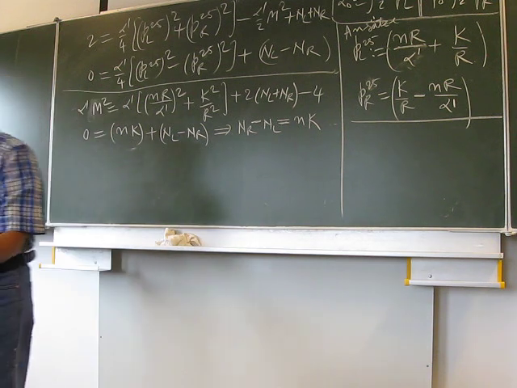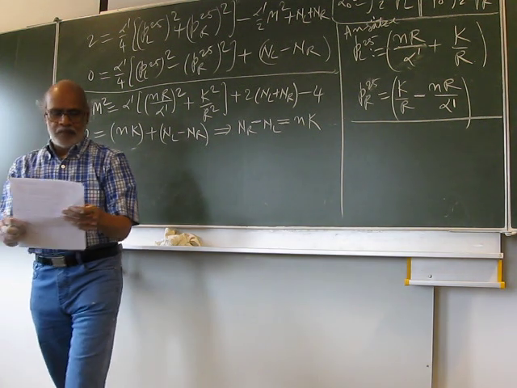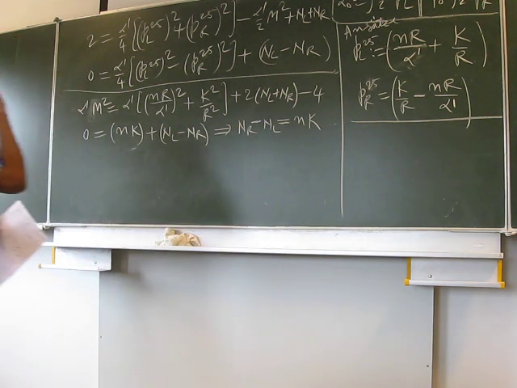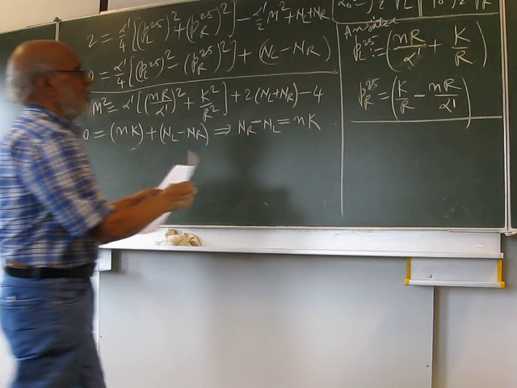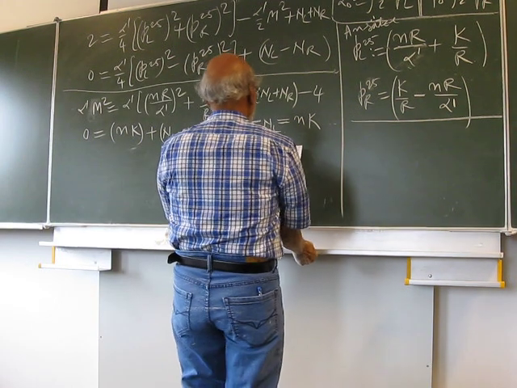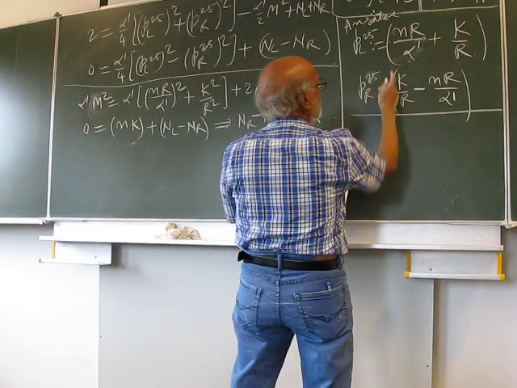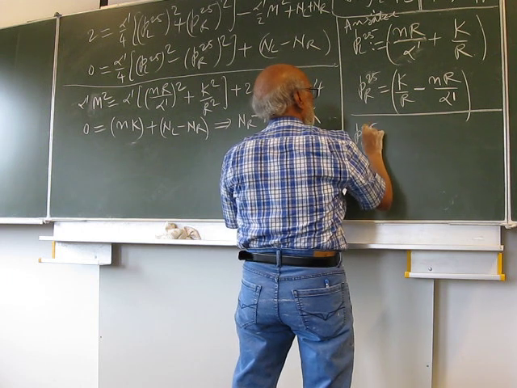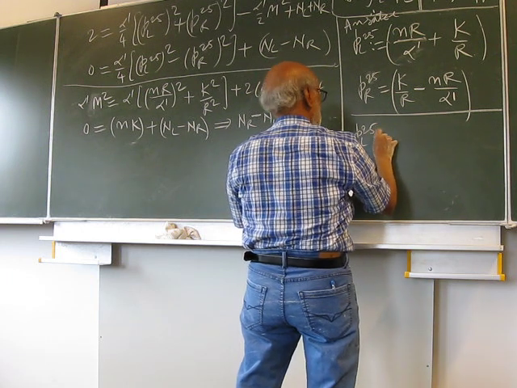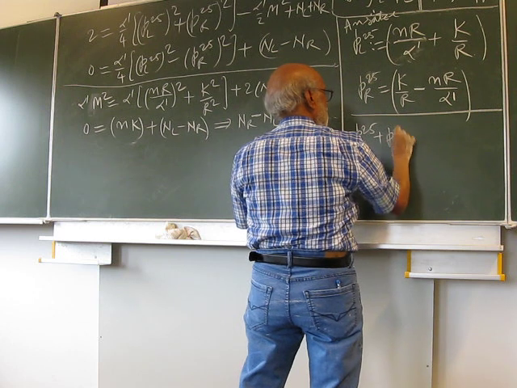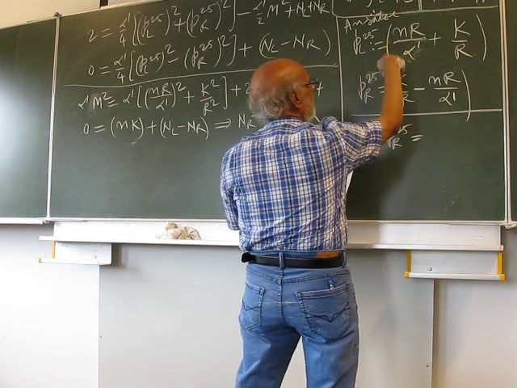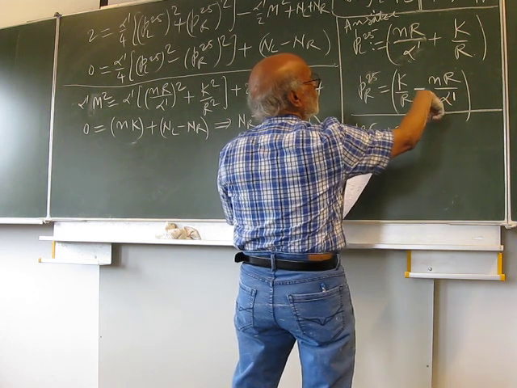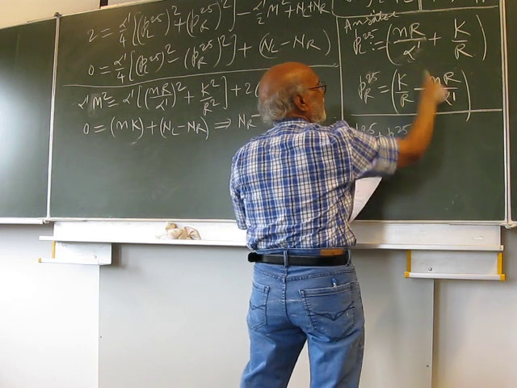So from here, if you sum them, PL25 plus PR25, sum these two, then minus NR by alpha prime goes away.